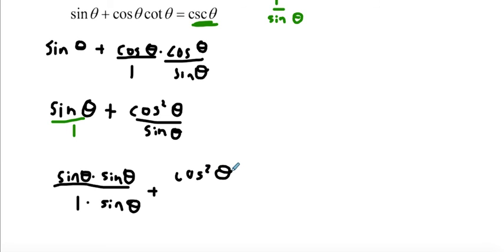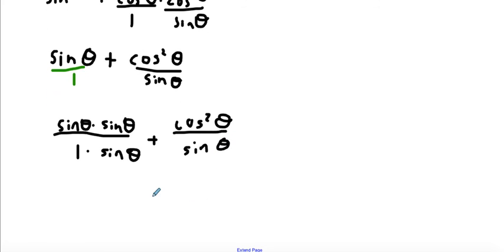So I would probably next go ahead and multiply that sine times sine there. Because I'm starting to think, I'm starting to get something squared plus something squared. That's a good thing. So up here, if I now do this, this gives me sine squared theta in the numerator plus, since they've got a nice common denominator of sine theta, cosine squared theta.